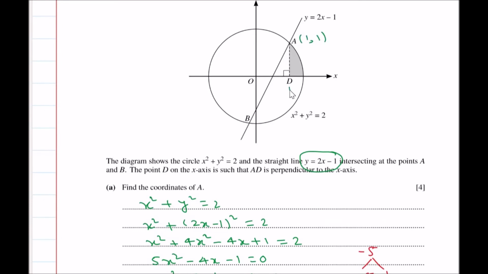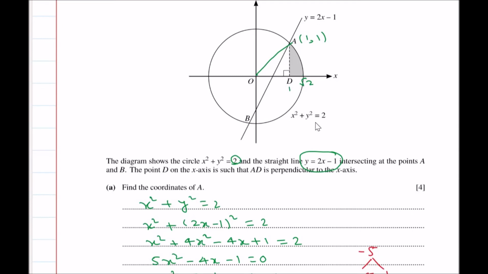So this is 1, and the radius will be √2. Why? Because given here x² + y² = 2, so r² = 2, so the radius is √2. That means this is √2, right? So our limits will be 1 to √2 for the integration.